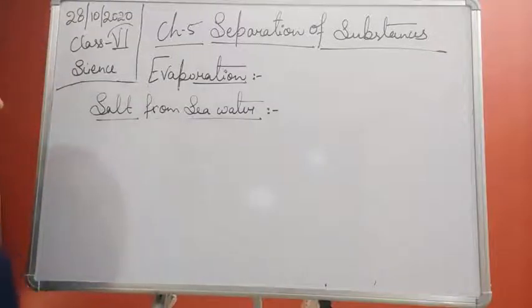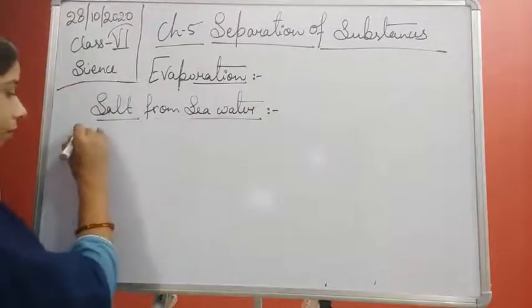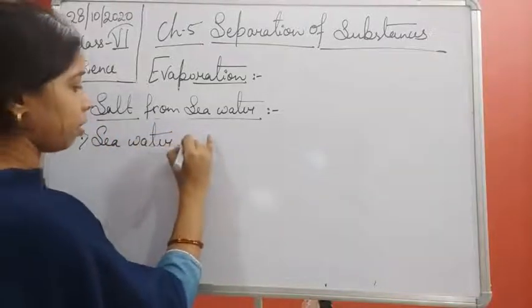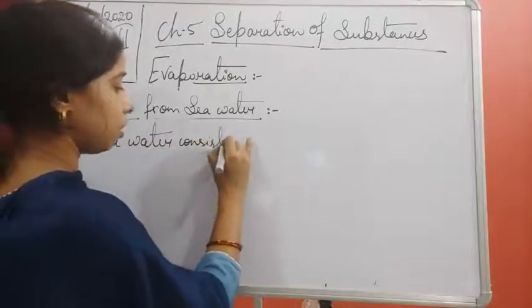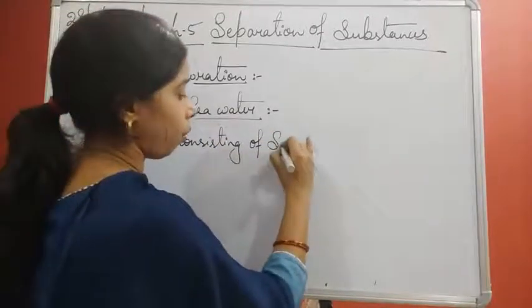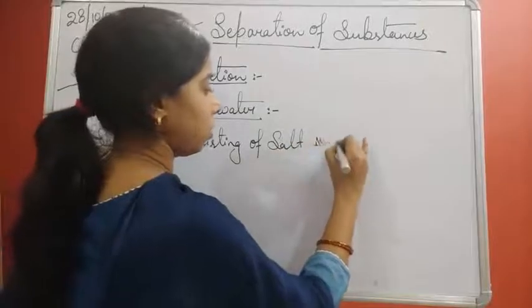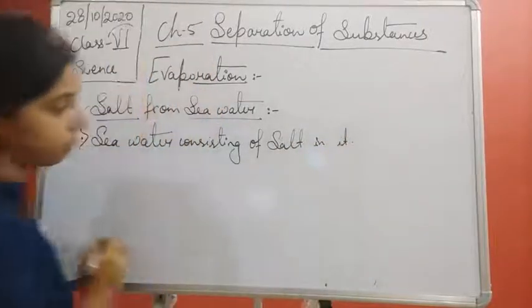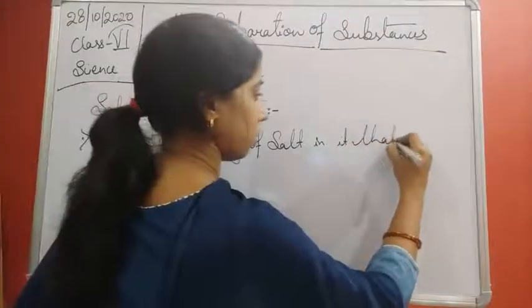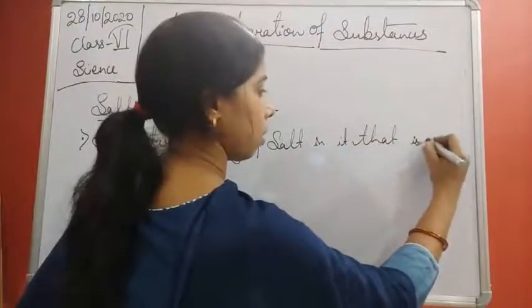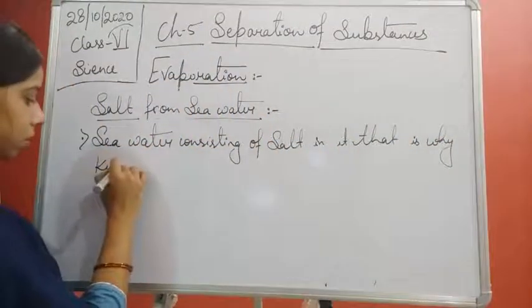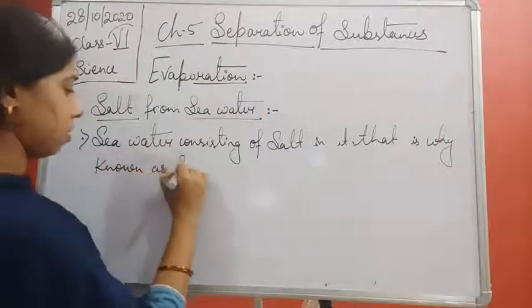So we can say that seawater consists of salt in it, that is why it is known as saline water.